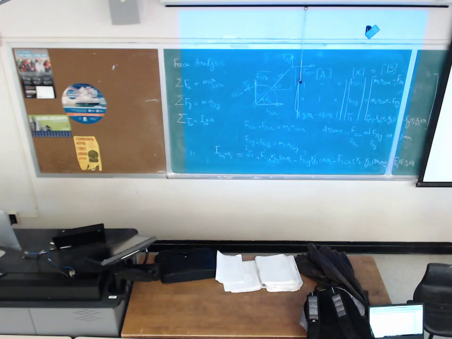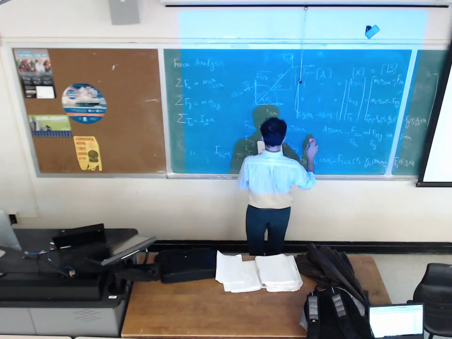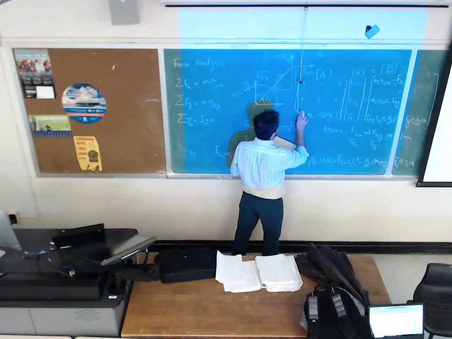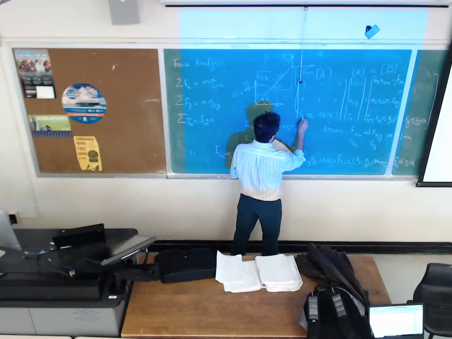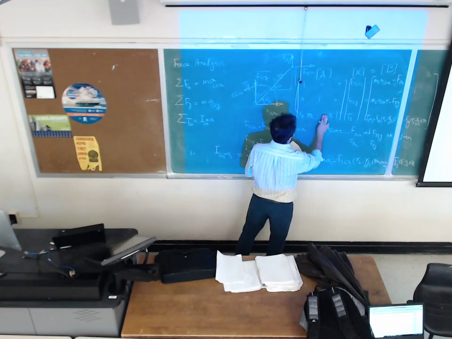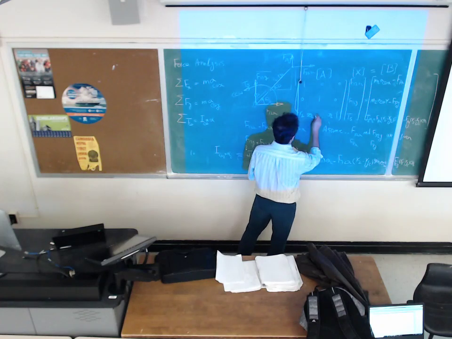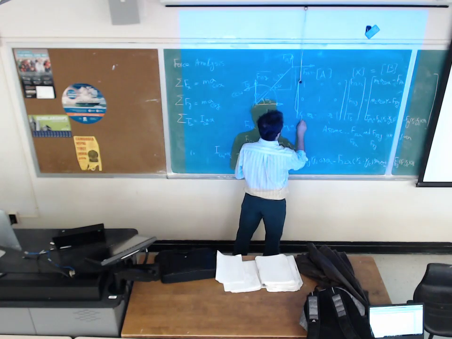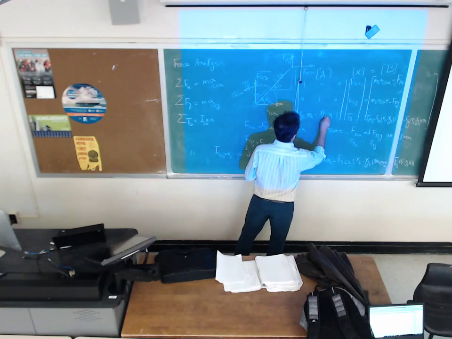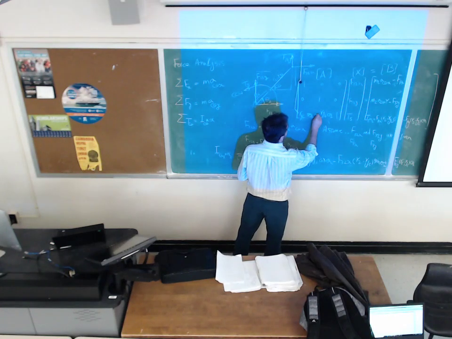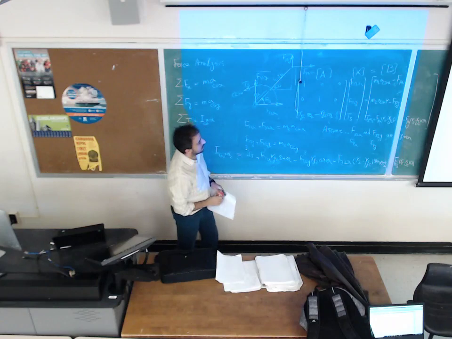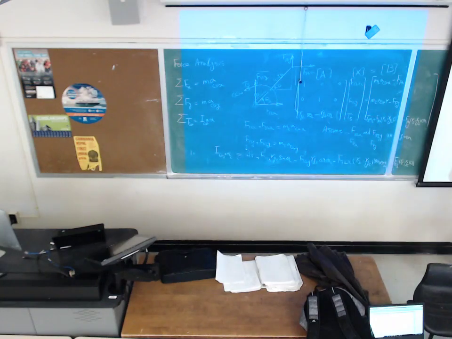Yes, thanks for catching. It should be R2, and this should be negative RG2, sorry. Revise that. Then here, the coefficient of F12x is RG2, not R2 minus RG2.